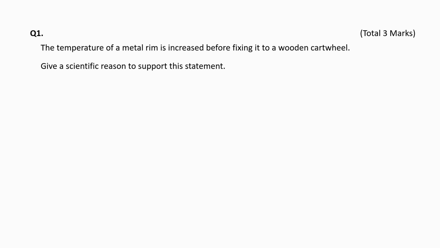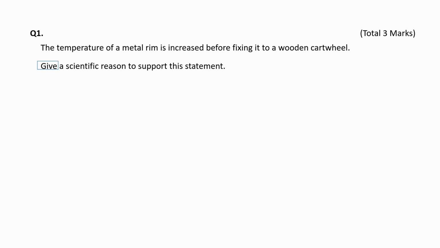This question suggests that a metal rim is heated up, as the temperature of the metal rim is increased before fixing it to the wooden cartwheel, and we need to give the scientific reason here. So here give is our main command word that is associated with the understanding based question.